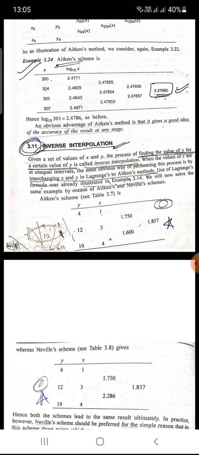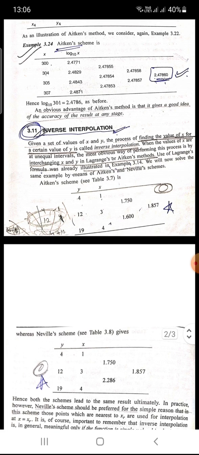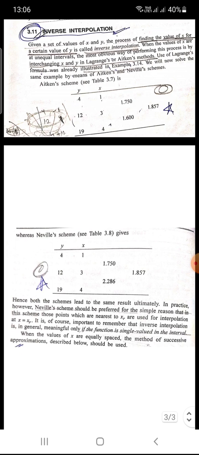So Aitken's scheme, y given as 4, 12, 19 and x is 1, 3, 4. By considering the first 2 points, we get 1.750 and 1.600, and the final result will be 1.857. Similarly, we see that in Neville's scheme this result also comes out to be 1.857. So both schemes lead to the same result.